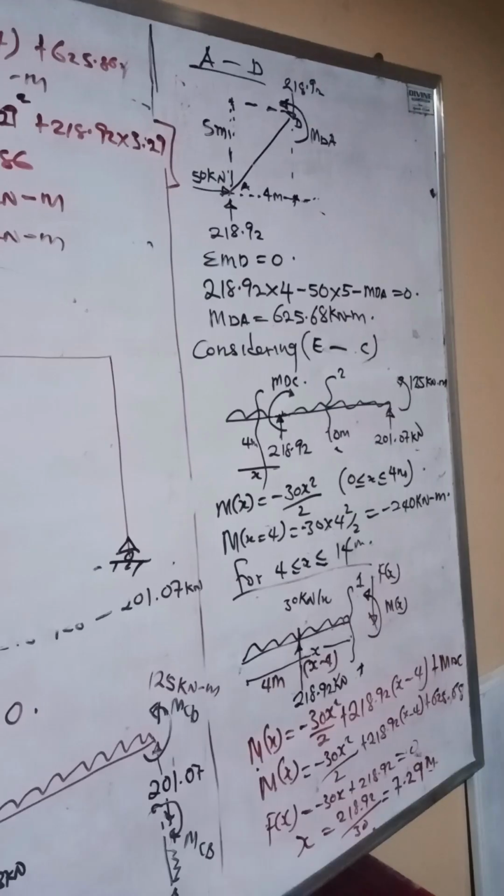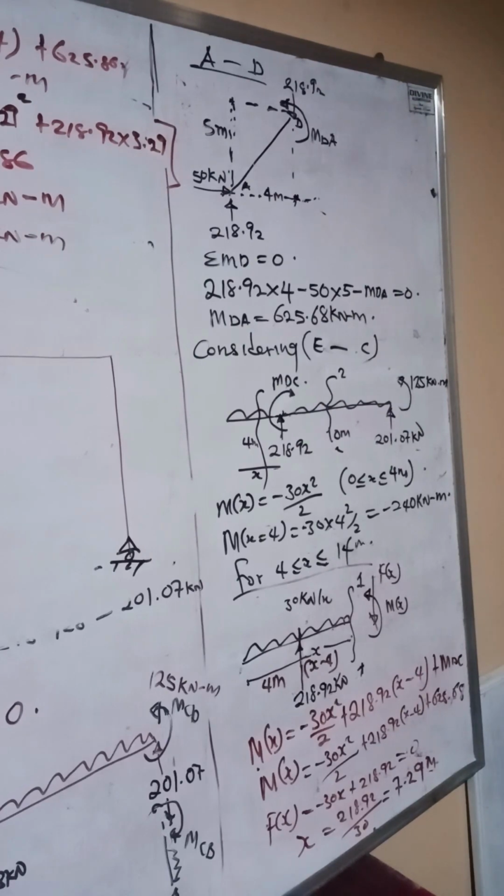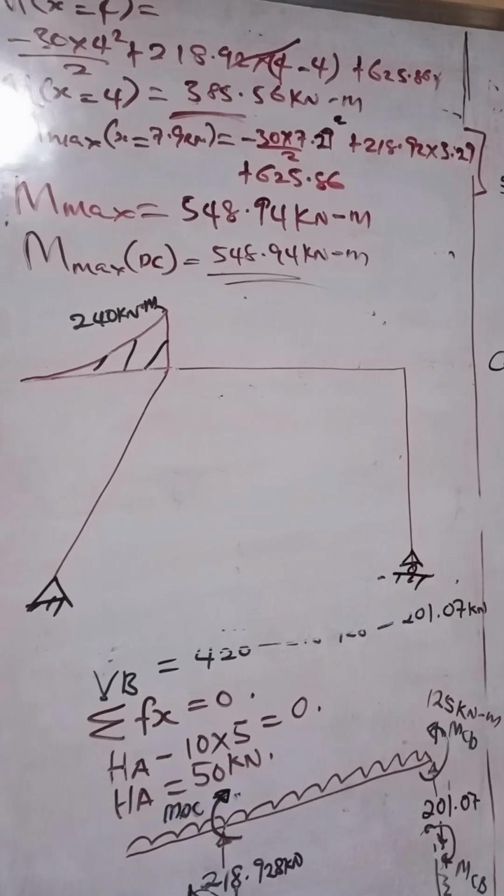Let's do that. For the cantilever moment, initially it was negative 240 kilonewton meters, and the direction we assumed for that cantilever was anti-clockwise.